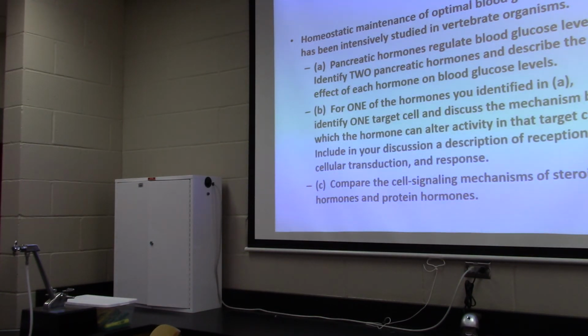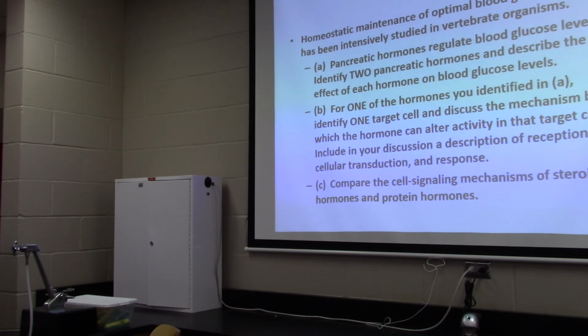Part B. For one of the hormones you identified, identify one target cell and discuss the mechanism by which the hormone can alter activity in the target cell. Talk about reception, transduction, and response. So let's do insulin. So we might say insulin's released by what organ? The pancreas. It travels through the blood.